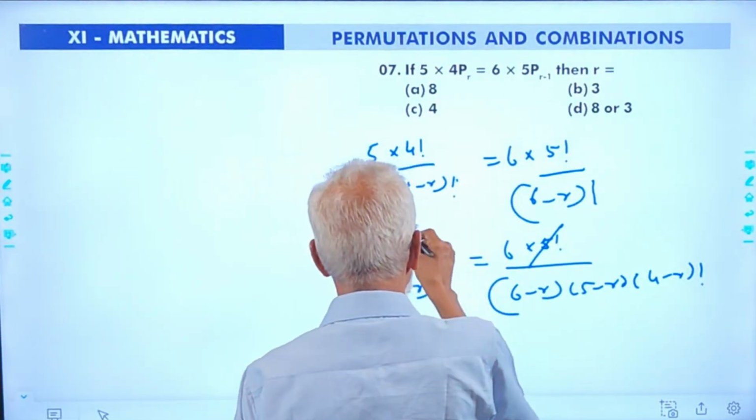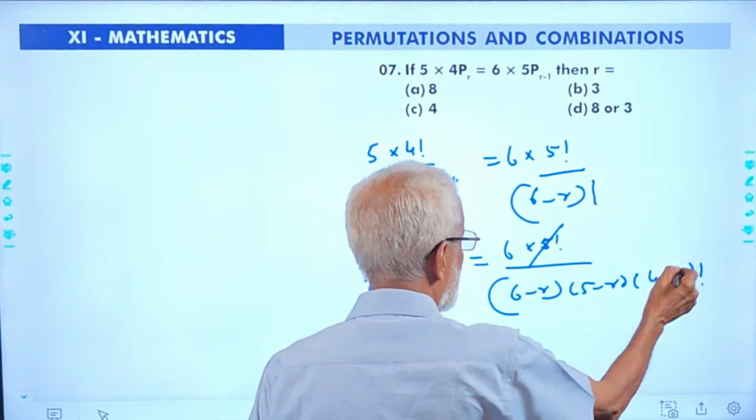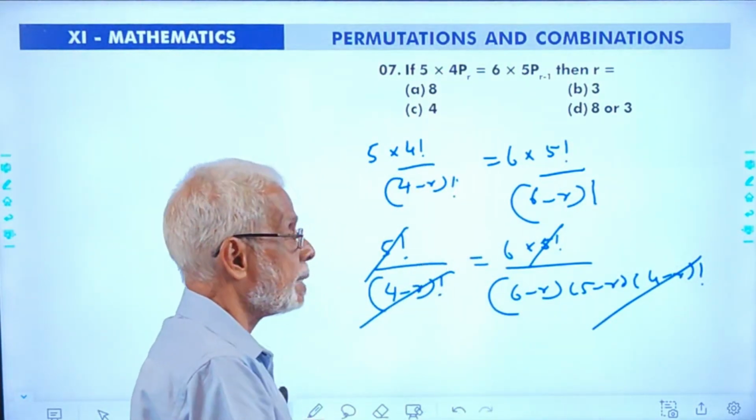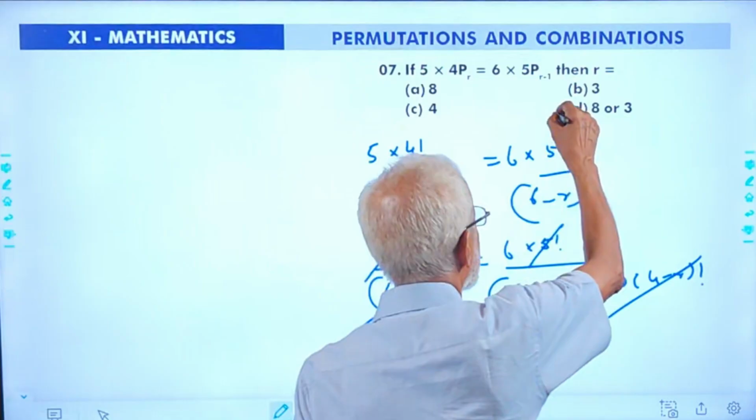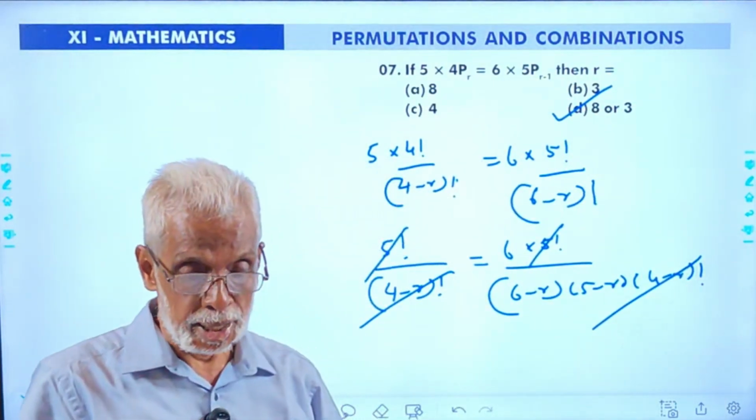We can cancel 5 factorial on both sides, 4 minus r factorial on both sides. We will get a quadratic in r. Solving it, we get the D choice. Answer is 8 or 3.